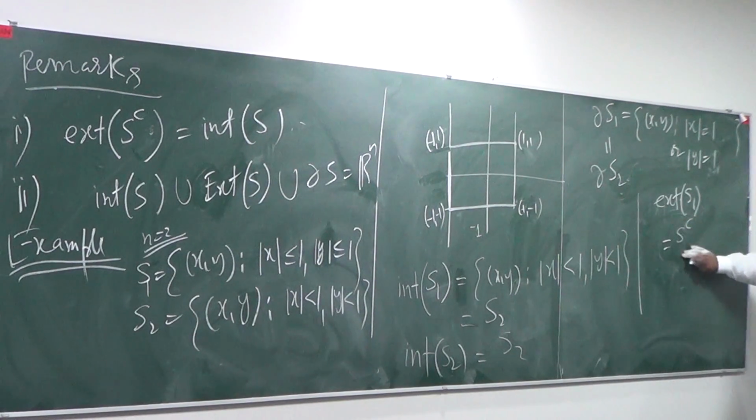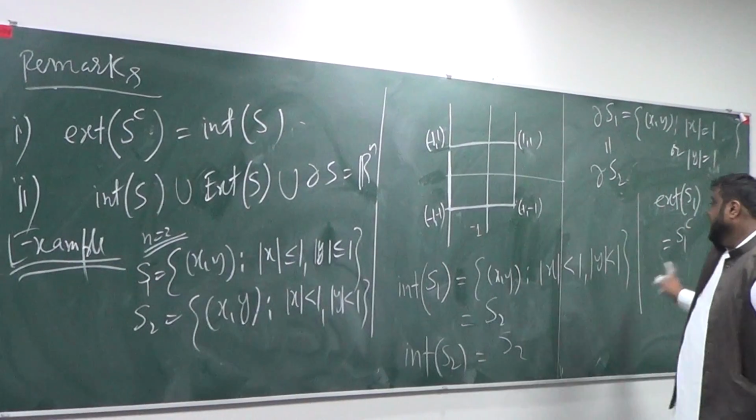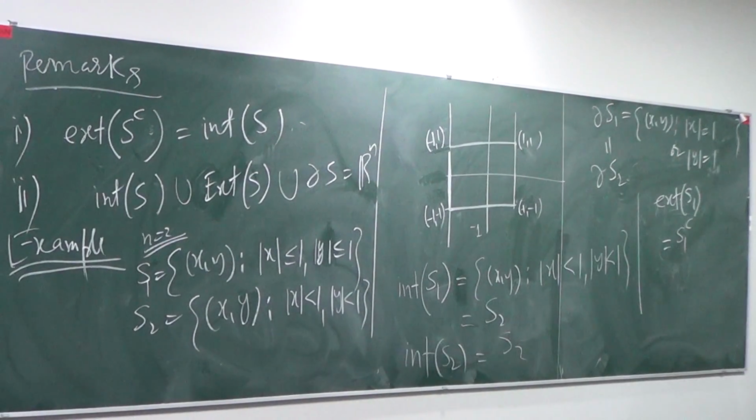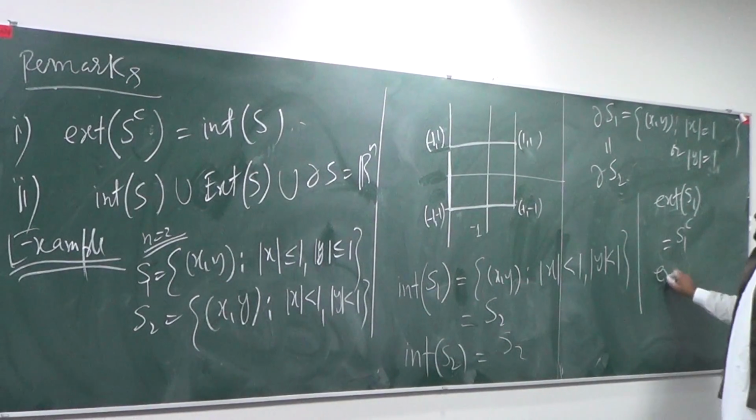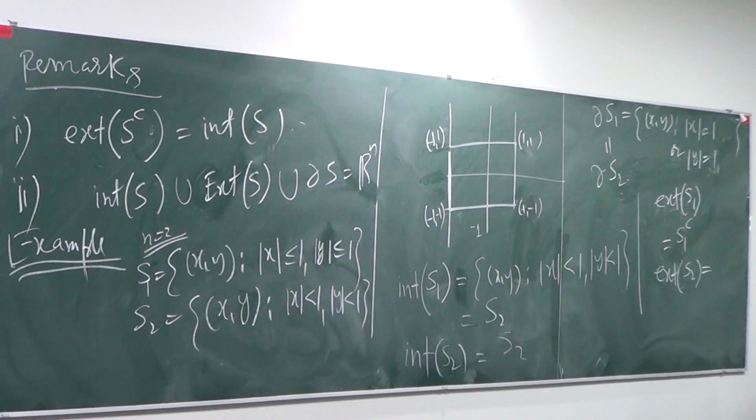No. The S1 complement, everything except S1. It is like this because if you take the S2 complement, the boundary would also come in, and it shouldn't be included. So S1 complement. And what would be the exterior of S2? S1 complement union boundary? So it would be S1 complement as well.